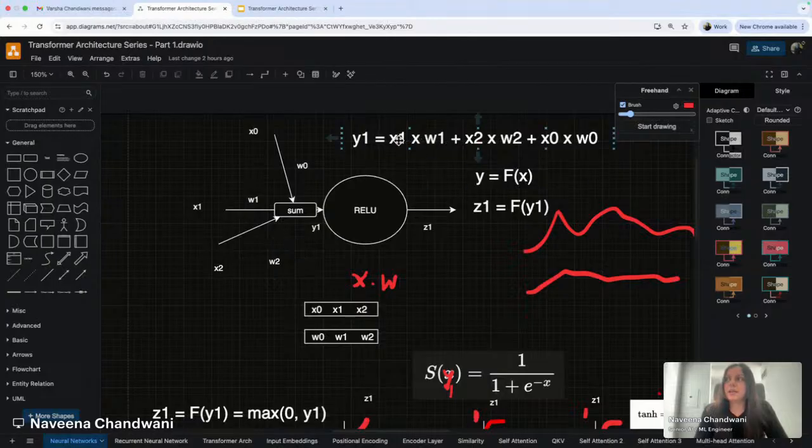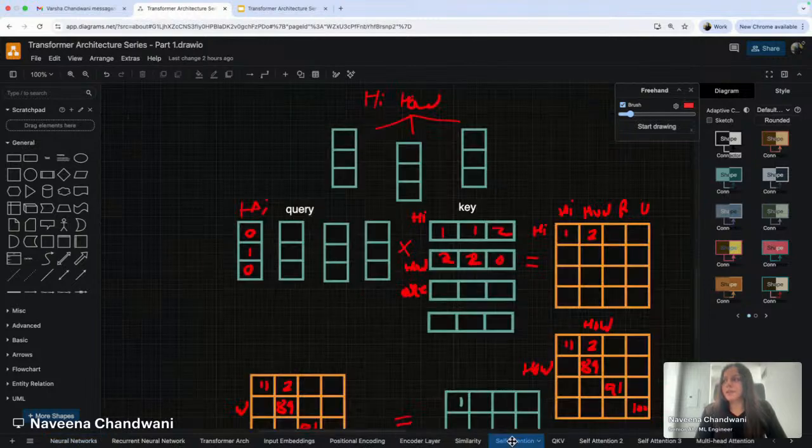But if we extract these x's and place them in a vector, and similarly the w's are extracted and placed in a vector, and then you multiply them, this is referred to as x dot w. This is the dot product, the sum of the product of corresponding elements, and this operation is used a lot. We'll be using this throughout today.